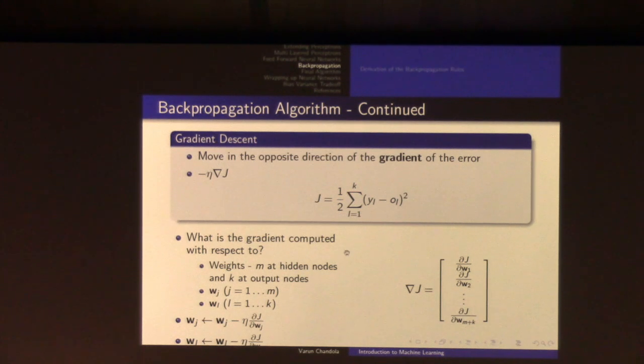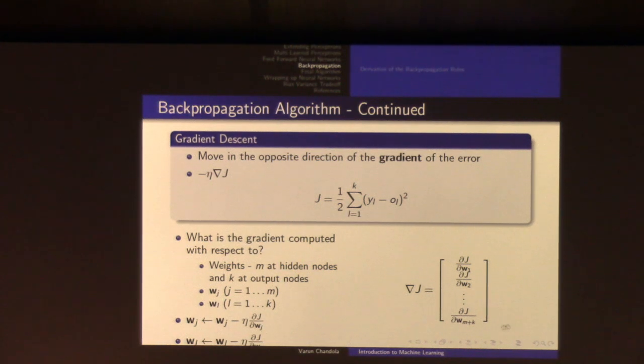So let's go over the architecture of the neural network again. We have weights at every hidden node. We have m+1 nodes, so we'll have m+1 weight vectors over there. And then we also have k output nodes, so we have m hidden vectors and k here.